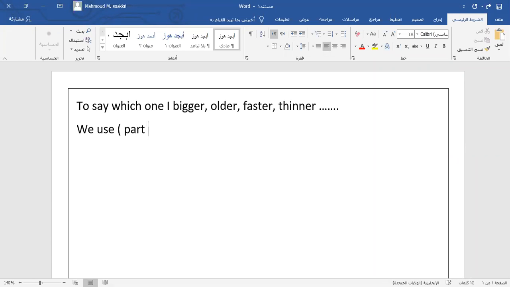Part 1 may be a person, an animal, a thing, whatever. Plus is if part 1 is singular, or are if part 1 is plural. And then we put the adjective, like old, thin, big, fast. Plus er, plus than, plus part 2. Let's have examples.